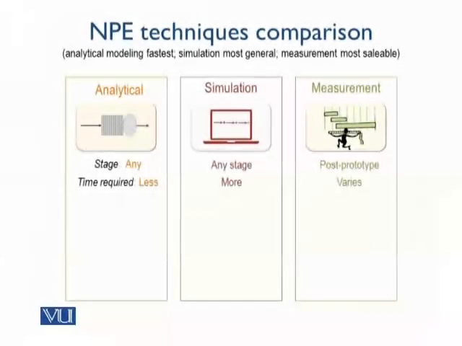The next metric is the tool that we require. And again, in this case, analytical modeling comes up best because it does not have any extensive requirement. It just requires analysts and their time. So there is no need of having hi-fi computers or even instrumentation or anything of that sort.